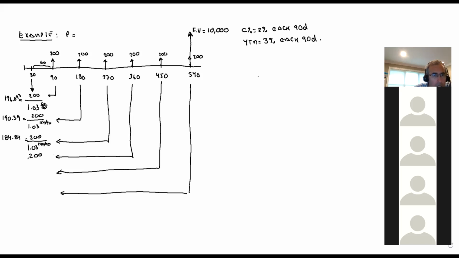This one here is going to be 200 divided by 1.03 to the power 330 over 90. What do we get here? 179.4546. Yep. And the second to last one, 420 over 90, you should get 174.23. Yes. Perfect. And the last one is going to be 10,200 divided by 1.03 to the power 510 over 90.